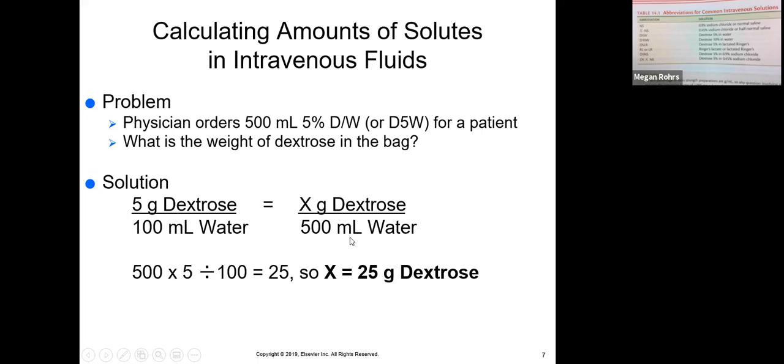We know that the bag has 500 mils, so we're going to be solving for X, which will tell us how many grams of dextrose are in the bag. So we're going to cross multiply and then divide. So 500 times 5 gives us 2,500, and then we would divide that by 100, which would give us 25 grams of dextrose.